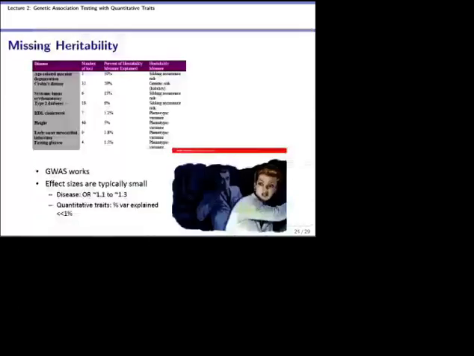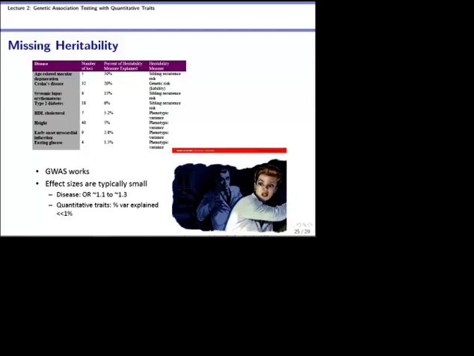So let's talk about the missing heritability real quickly. It's a paper in Nature where someone's really scared because they can't find the SNPs involved with these different traits. Where did this come from? There have been a lot of studies of heritability where they looked at pedigrees and the proportion of variance in the children's phenotype that can be explained from the parents' phenotype.